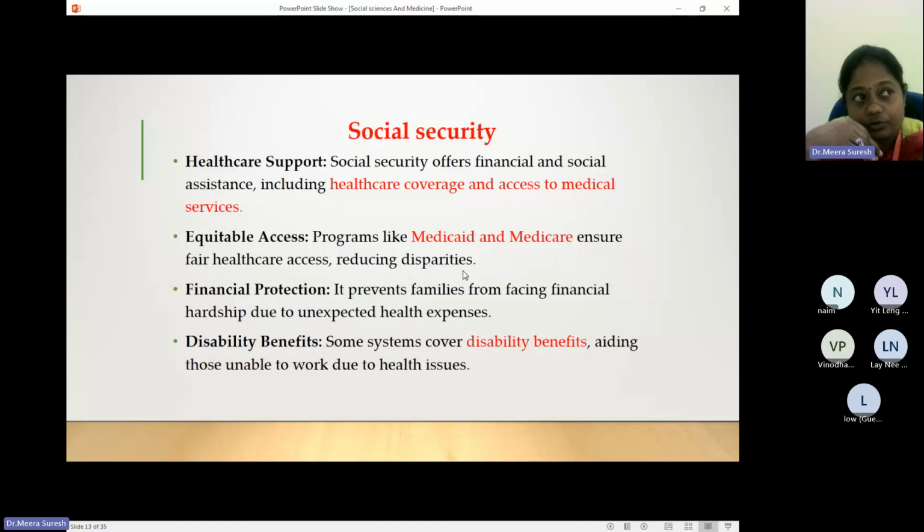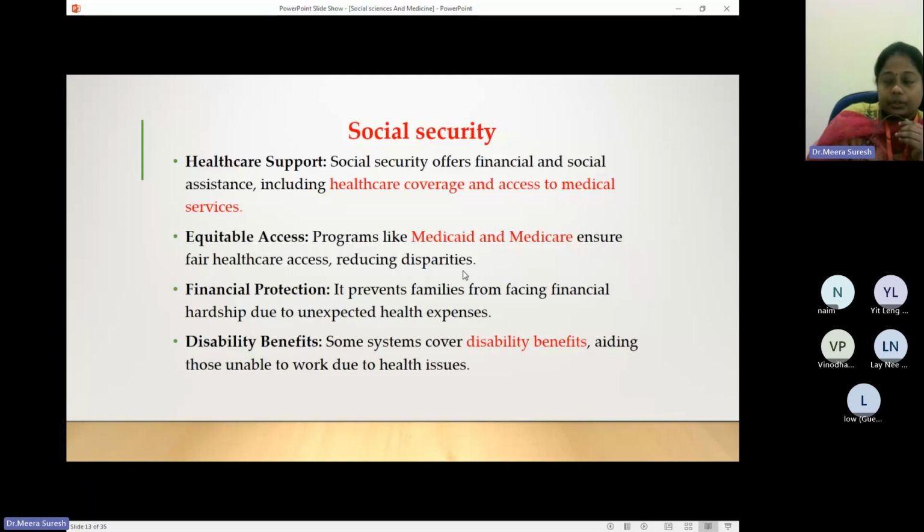If I go by demography, a large number of people in India belong to this lower middle class. They are not below the poverty line, and they are not the upper middle class or the filthy rich, but the majority of people are in this lower middle class. The social security provided by the government for this lower middle class is comparatively less in India.